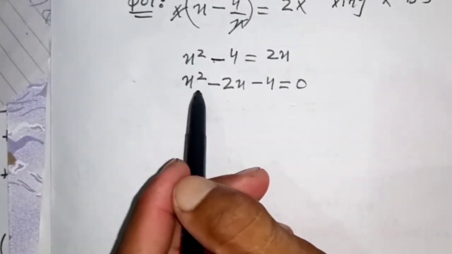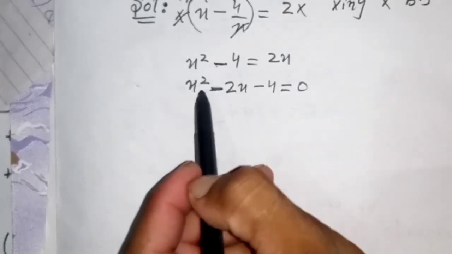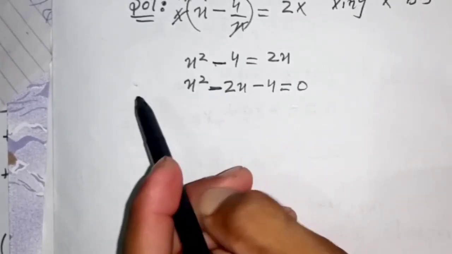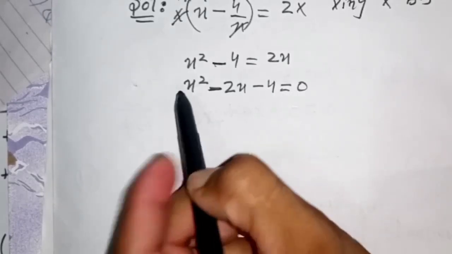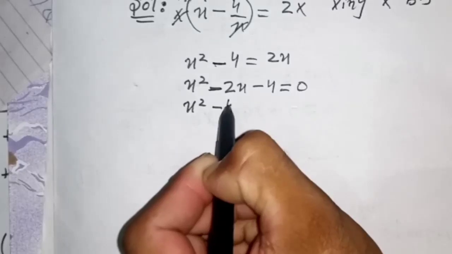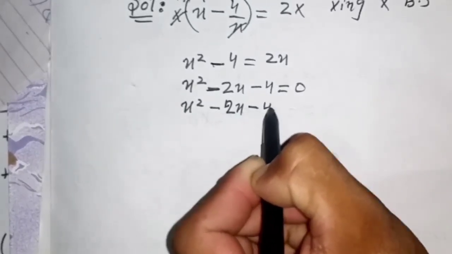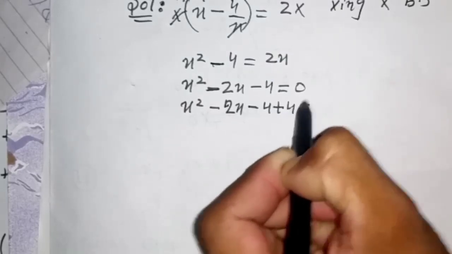Now this is the quadratic equation, so we will solve using the completing the square method here. So if we add 4 on both sides, we get x² minus 2x minus 4 plus 4 is equal to 4.